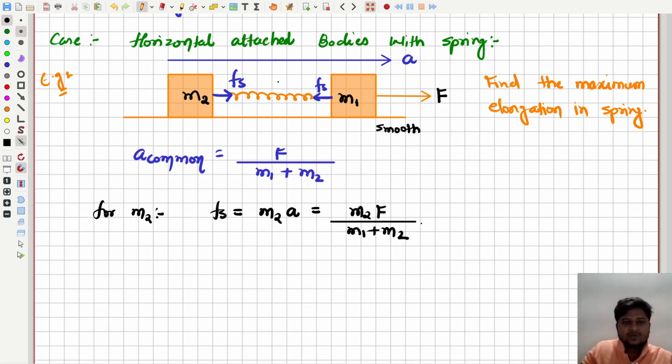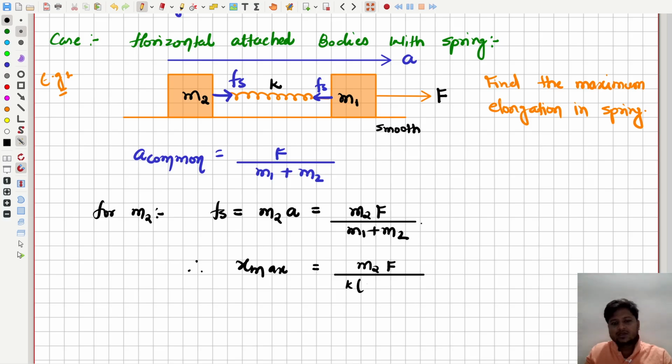Now if the spring constant is k, therefore x max will be written as m2F by k times m1 plus m2. Is that clear or not clear? Reply me yes or no. And this is the scenario when maximum elongation in the spring is happening.